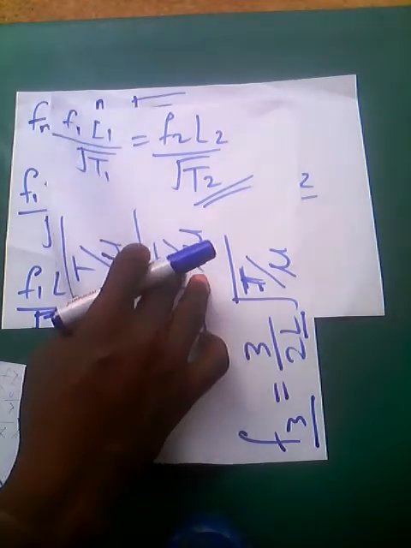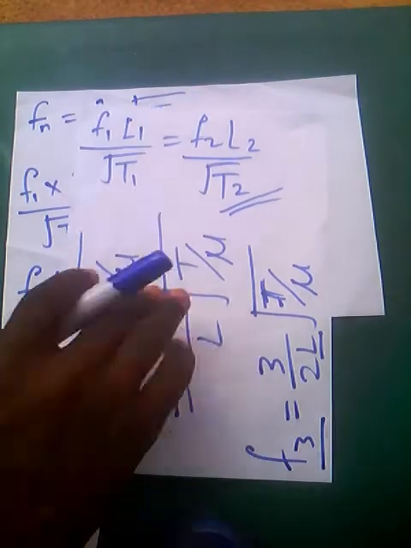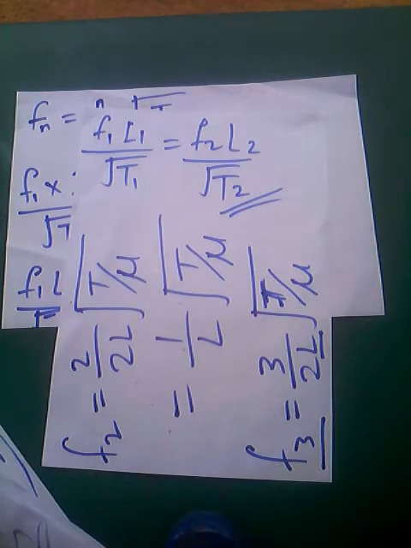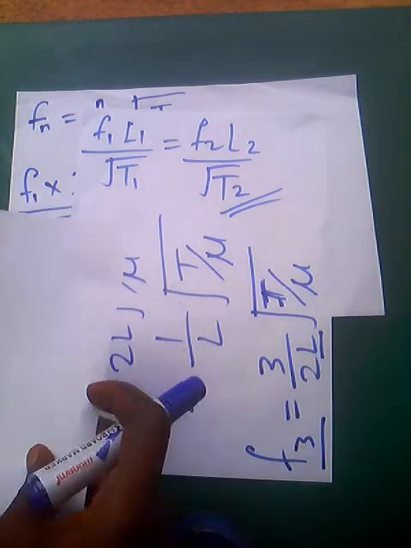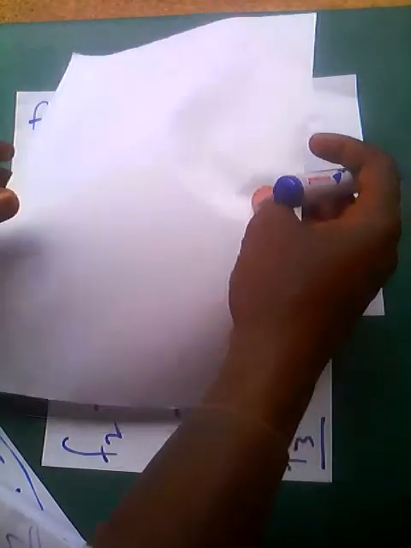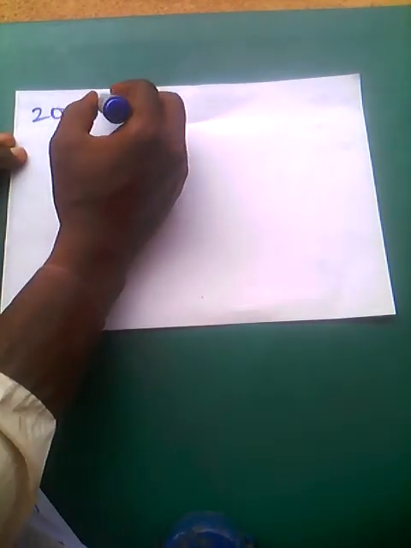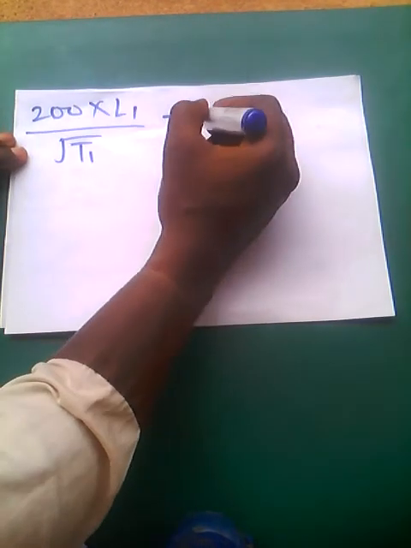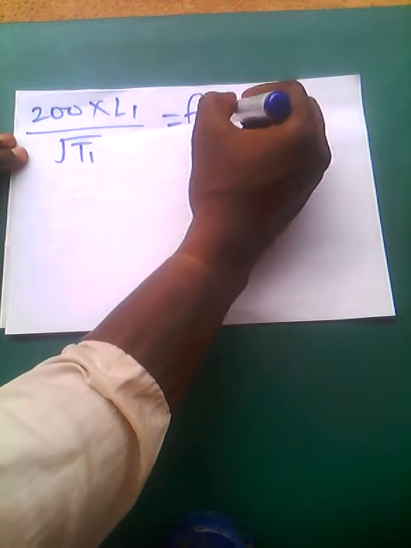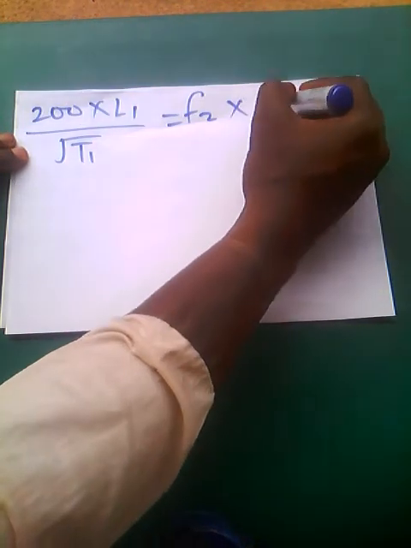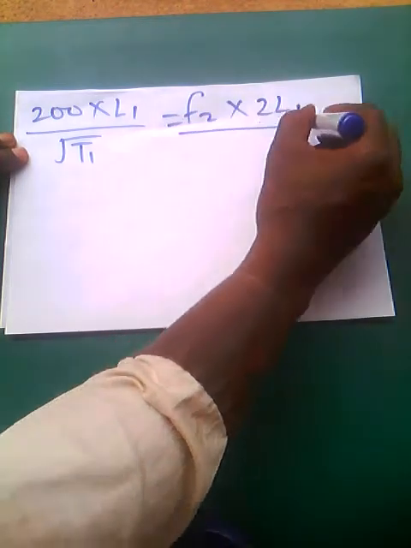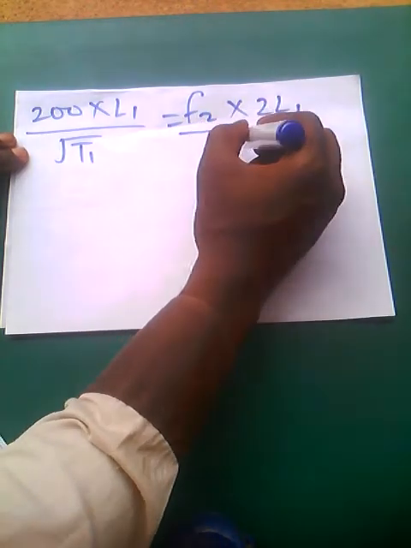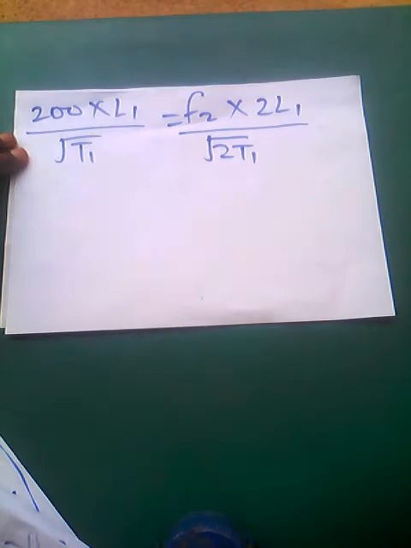Now, we can apply that. Let us look at the problem. We have that F1 is 200 hertz. So that means 200 hertz times L1 over root T1 is equal to the unknown F2 times the new length, which is 2L1, over root of the new tension, which is also doubled, 2T1.